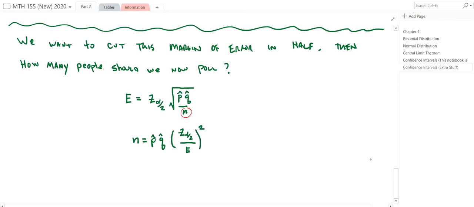So if this is the case, my margin of error in the problem above was 0.03.